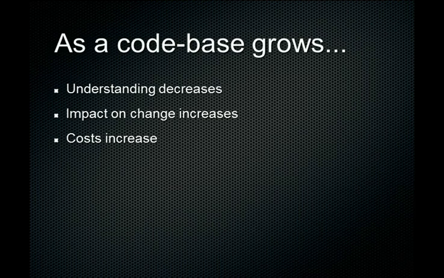As the code base grows, the understanding of that code base starts to decrease if it's not written properly, and the impact of changes increases. Every time we touch something, there's a higher chance that we impact bigger parts of the code base. We've all experienced a scenario where we change something completely unrelated, and suddenly something in some hidden corner that we never thought about breaks.